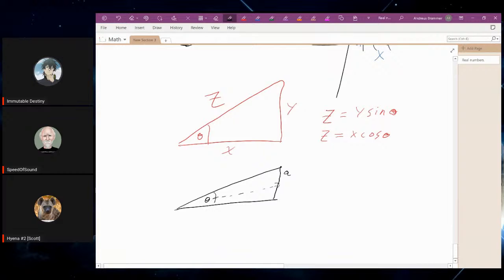And we call this the opposite side. And the line that's directly below that, so this part right here, is called the adjacent side.